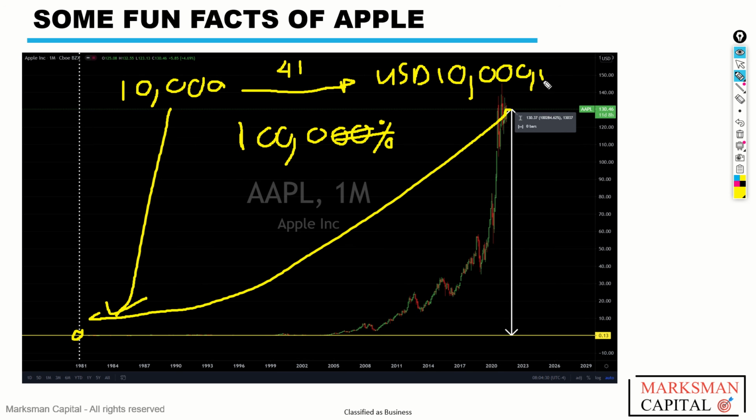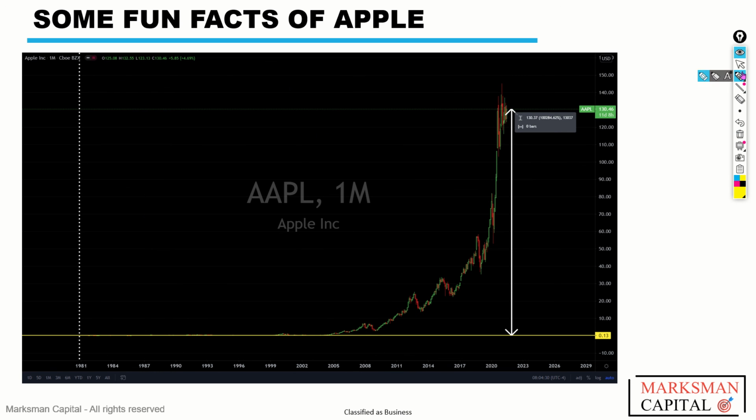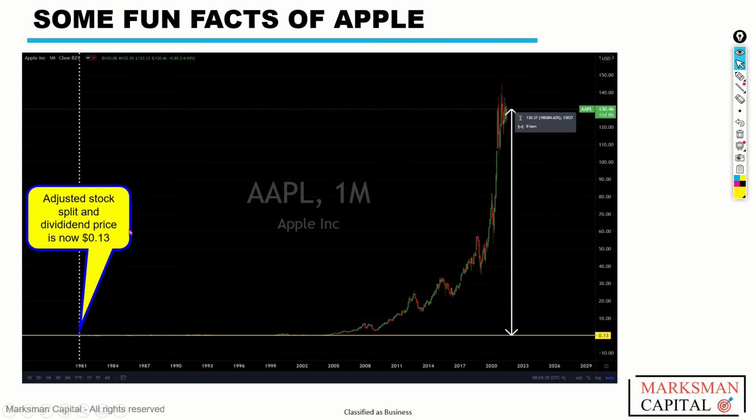That's a lot of zeros behind, right? It's quite exponential here. And just a bit of remark: the chart is stock split adjusted and dividend price adjusted, so it's now priced at 13 cents per share. It can be seen in the chart.